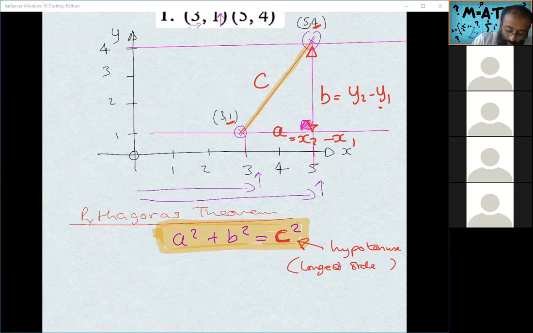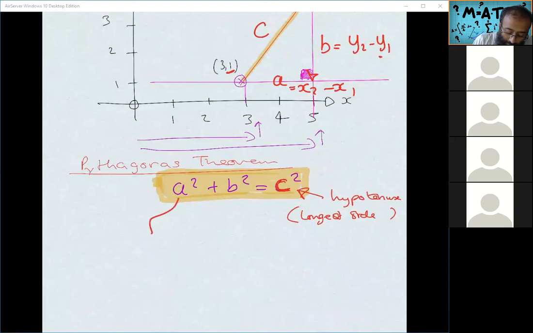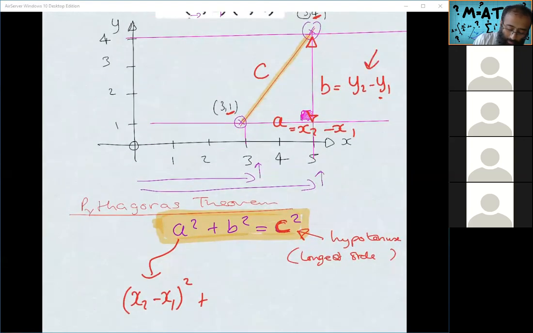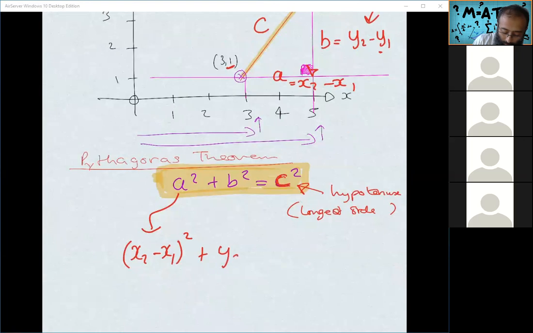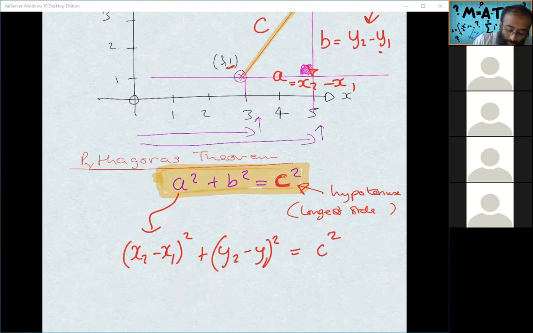So let's copy those down. So A is X2 minus X1, which is the length of the bottom, squared. And B, which is over here, is Y2 minus Y1, squared. Equals what we need to work out. So what we need to work out is the C. That's what we're trying to work out in this question.